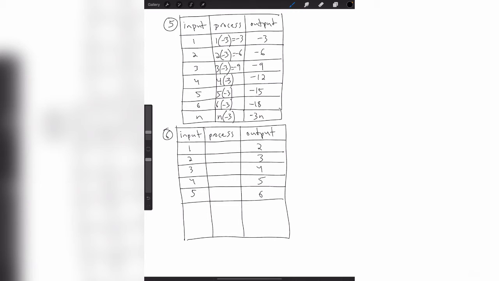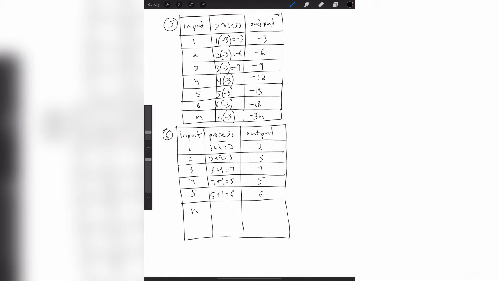So the process of what it looks like here is I'm taking the input and I'm just adding 1 to it. So 1 plus 1 equals 2, and then I get my output. All right. So the main process is just adding 1. 2 plus 1, 3 plus 1, 4 plus 1, 5 plus 1. 3, 4, 5, and 6.